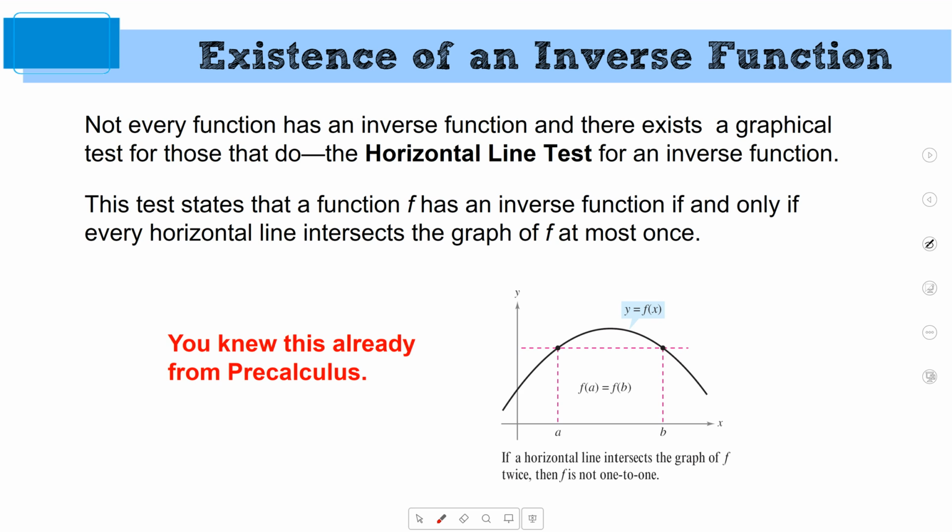The horizontal line test will test whether or not the function has an inverse function. Let me say that again. Does the function have an inverse function? All functions have inverses. You can take any picture and reflect it over y equals x and get another picture.